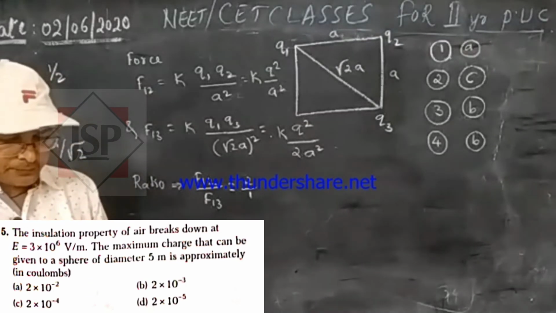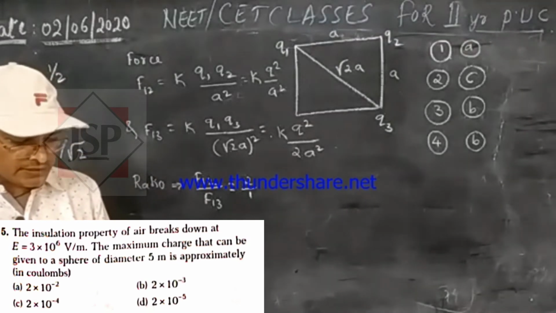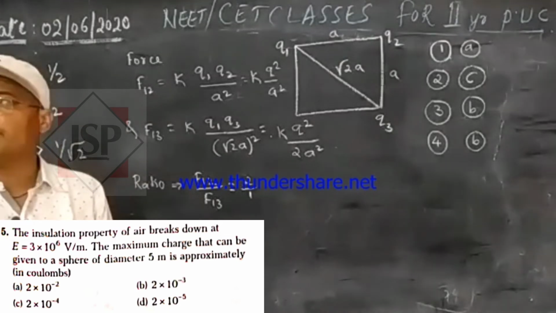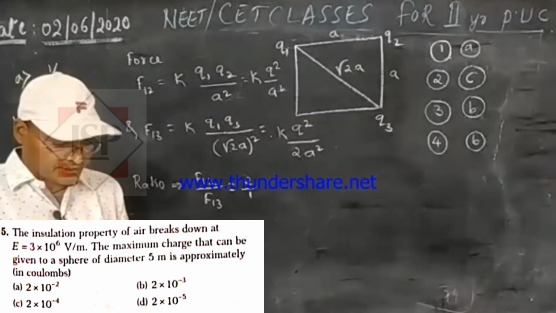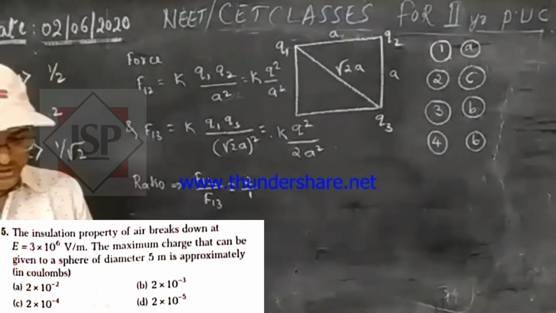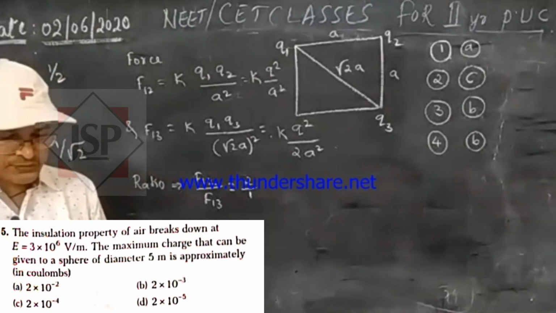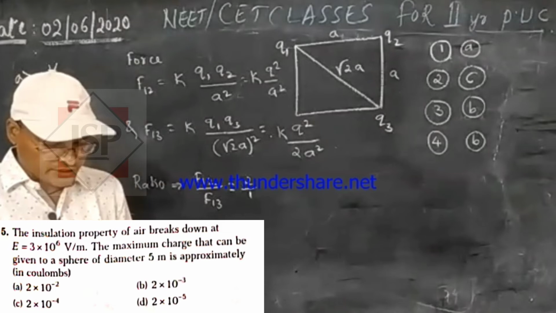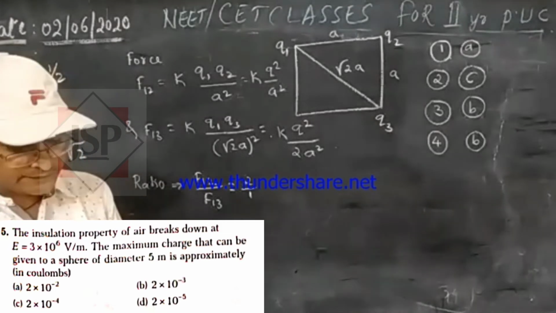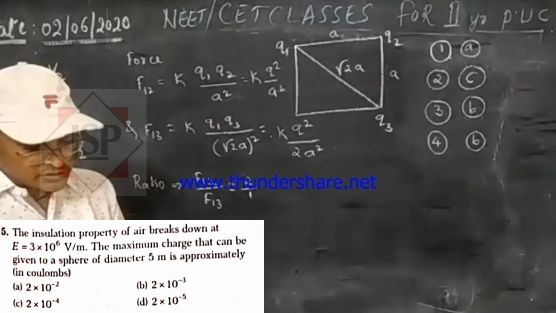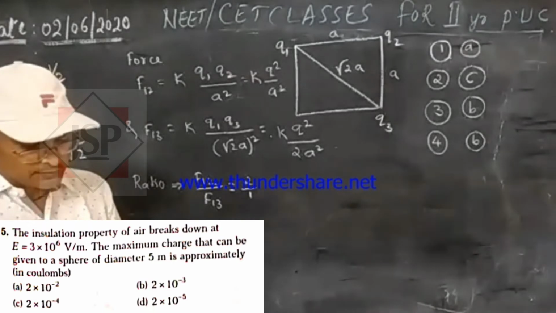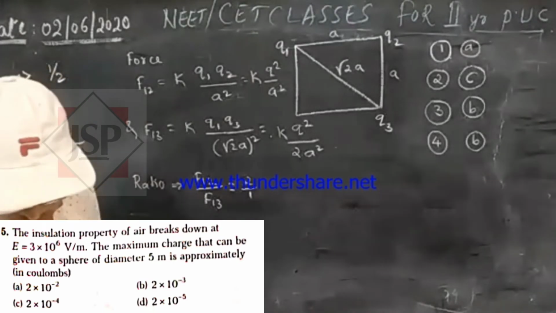The insulation breaks down at E equal to 3 into 10 to the power of 6 volt. The maximum charge that can be given to a sphere of diameter 5 meter is approximately, in coulombs.